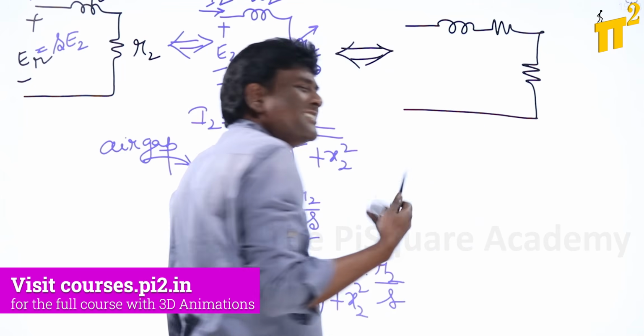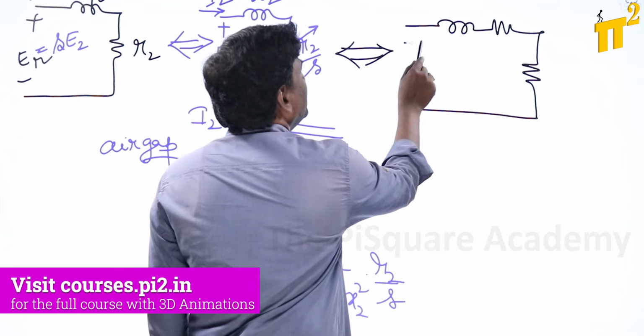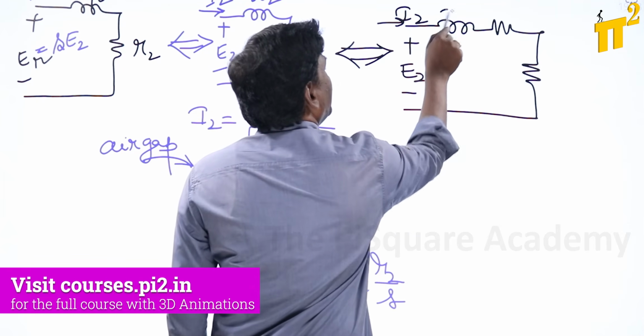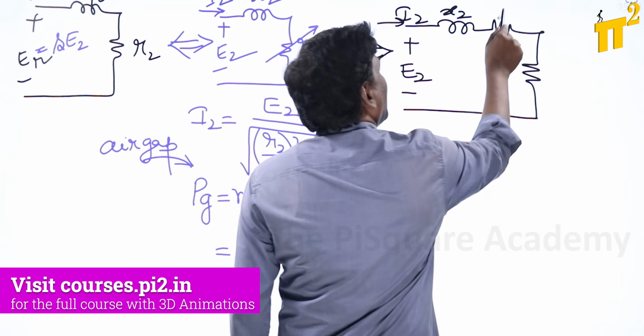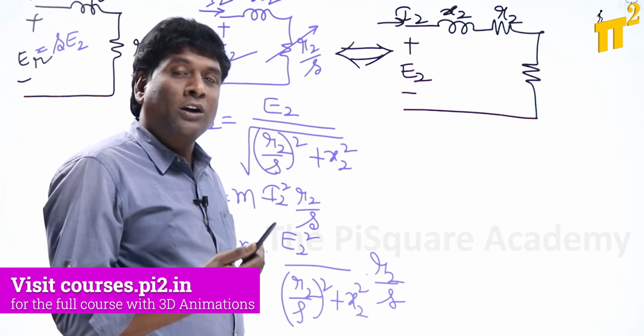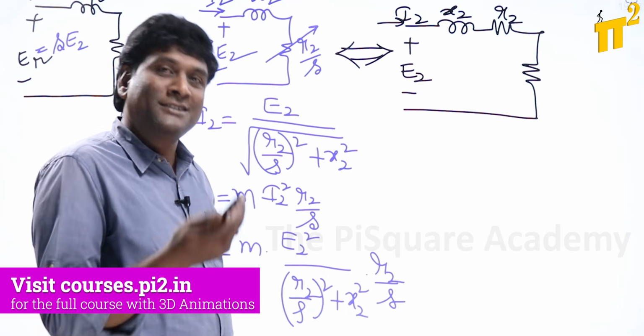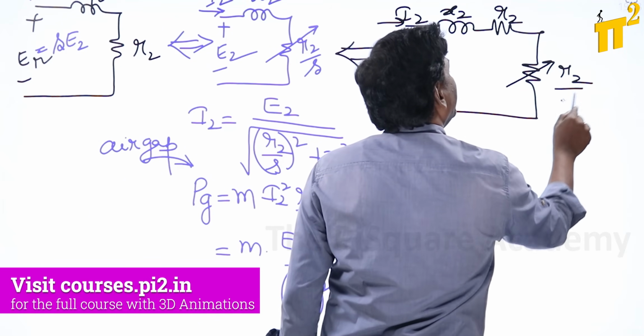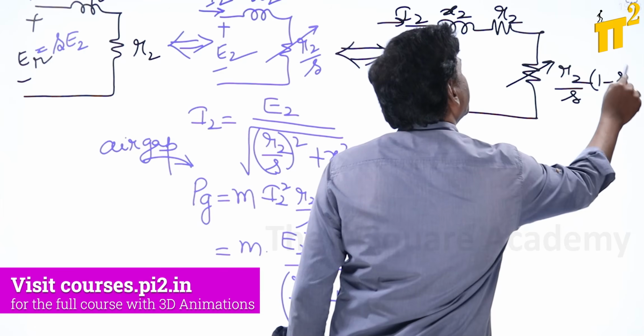The external resistance is some extra part. Same E2, same I2, same X2, and here R2. Why? I want to separate the rotor copper losses, and the rotor resistance is R2, and this particular value is going to be R2 by S into (1 minus S).